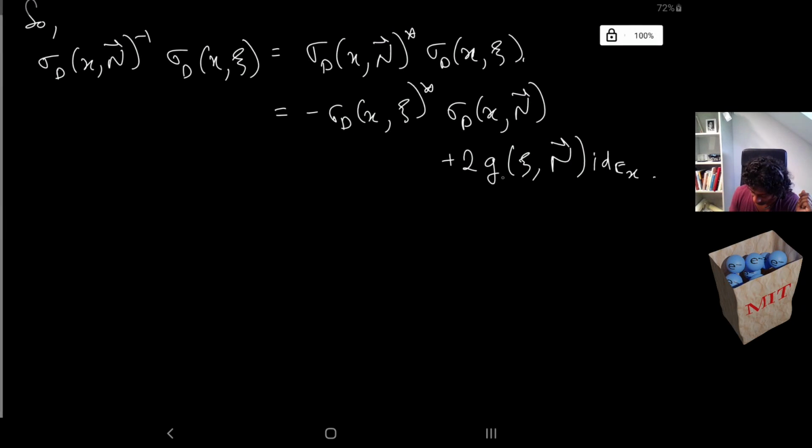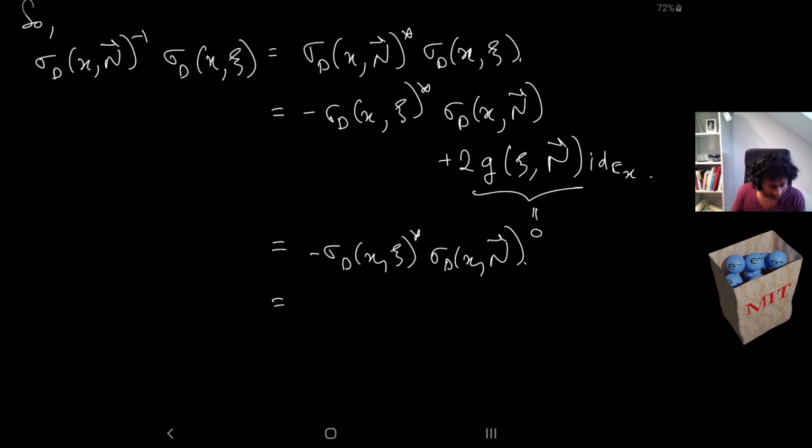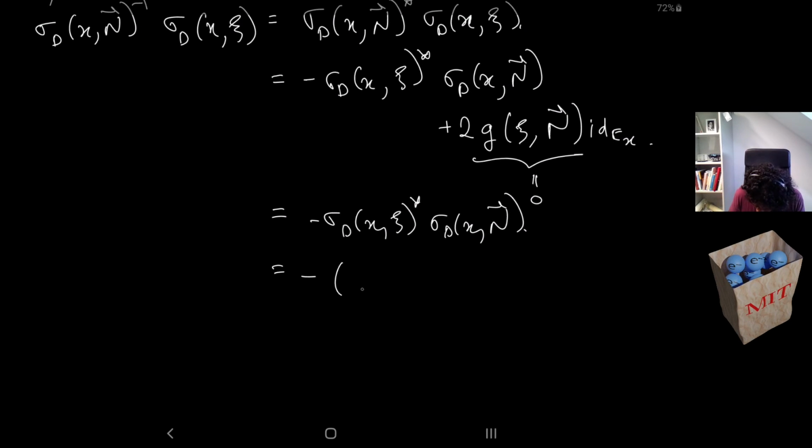So for a normal vector, this is 0, right? So this is equal to 0 because the orthogonality also copies across to the cotangent bundle. So then we're just left with this term. And what is this? Well, this is exactly what we expect, right?